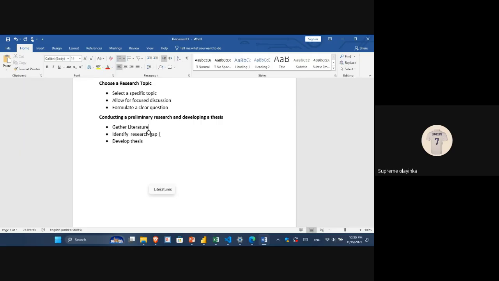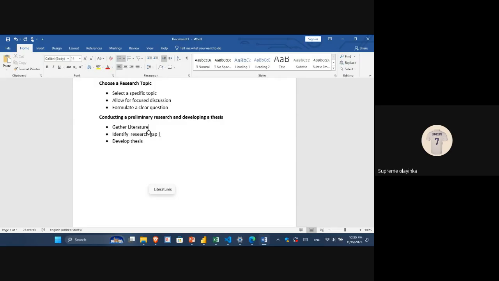Even though they've done these, these are the drugs that they should use, these are the effects, these are the consequences of not using them. They've done everything there, but no one has done an alternative drug that can be used during pregnancy or the gestational period. You understand? So you have to gather literature to identify the research gap.